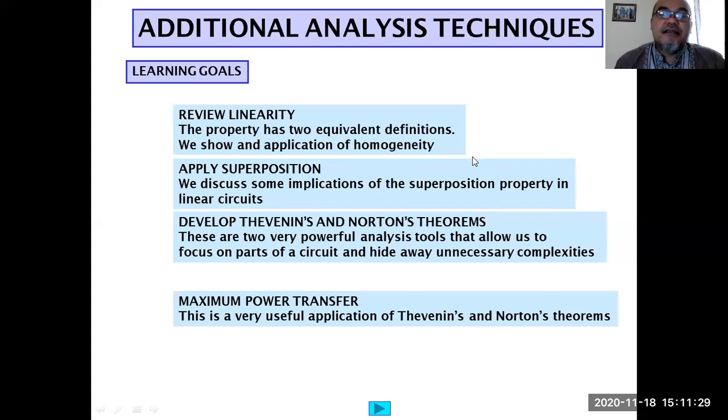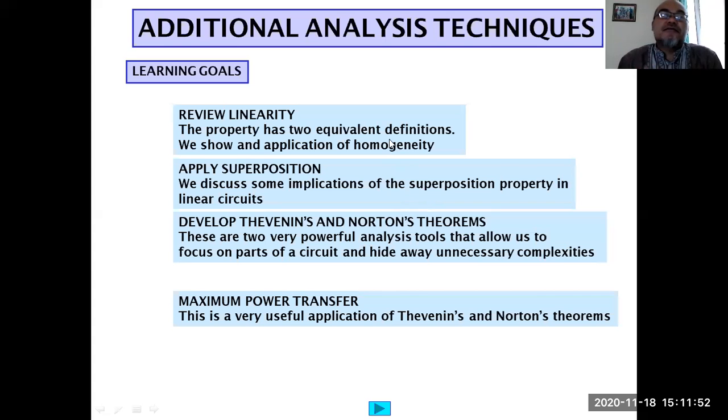So linearity is the property. We will learn how to implement linearity and then also superposition in linear circuits. Then using Thevenin and Norton's theorem, these are two very powerful analysis tools which allow us to focus on a very specific part of the circuit.